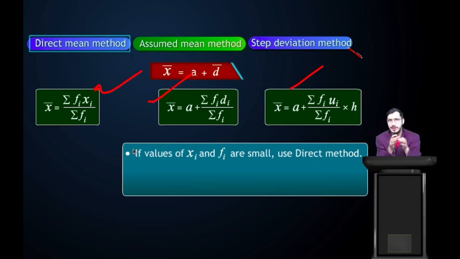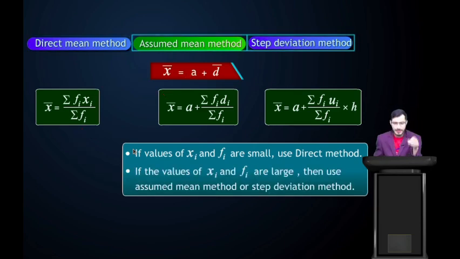So students, if the values of xi and fi are small, use the direct method. If the values of xi and fi are large, then use the assumed mean method or the step deviation method.